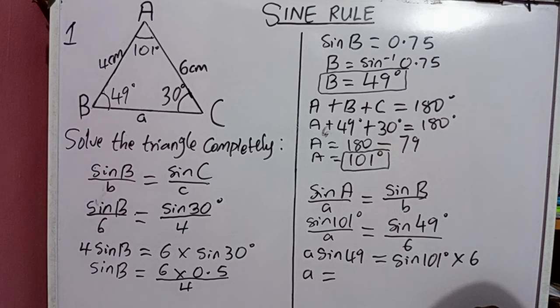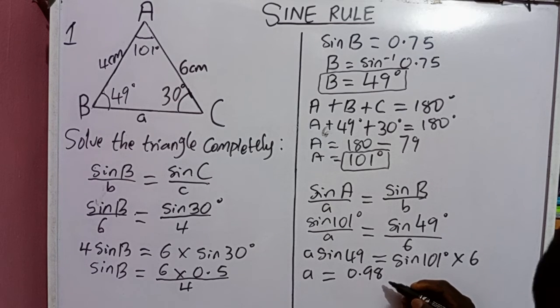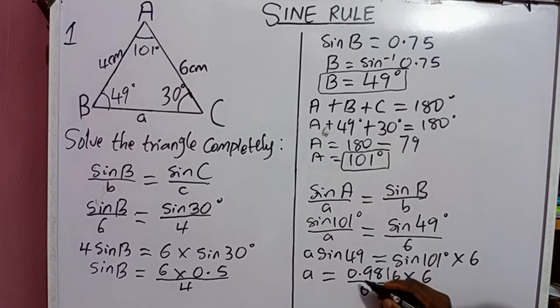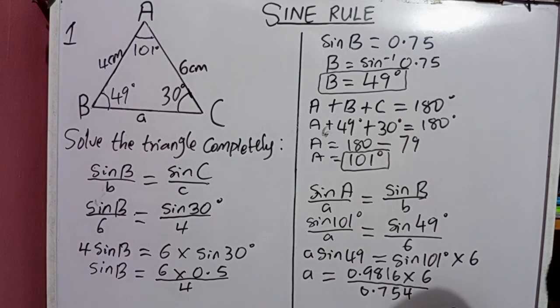Sine 101 would be 0.9816, then multiplied by 6, all over sine 49, which is 0.7547. That's the value of that.